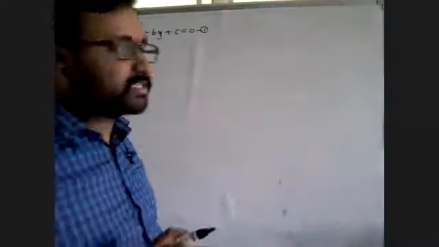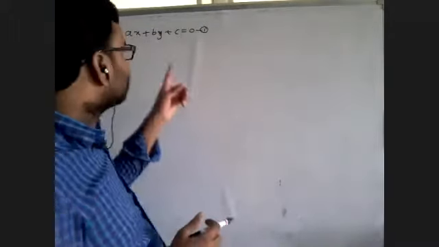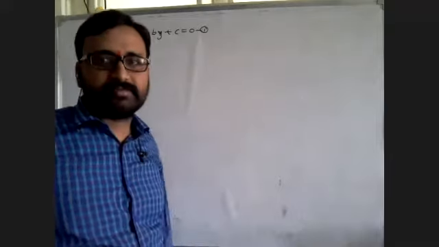With coordinate axes, we have to find the equation of the circle. Find the circumcircle, which is formed by this line and the coordinate axes.